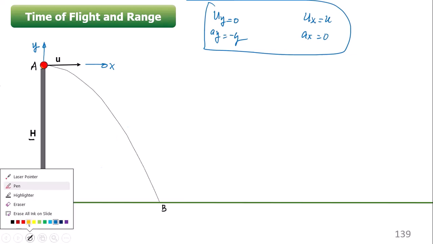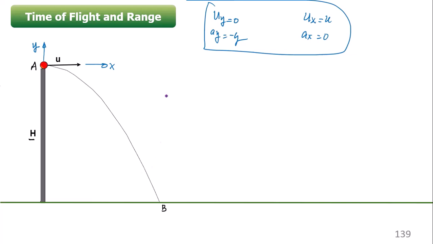In this type of problem, the first step is to calculate the time, how much time it will take. For that you have to take the vertical direction. The particle is moving in the vertical direction and the displacement in the vertical direction is h. So I can write h equals ut plus half gt square, along the y direction.